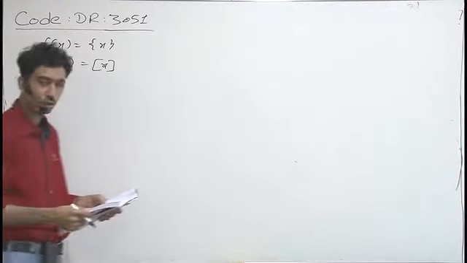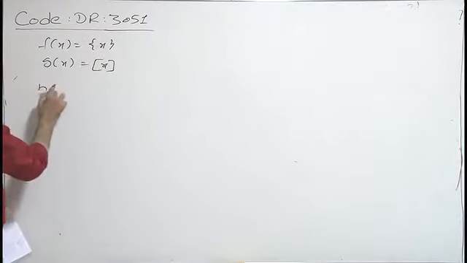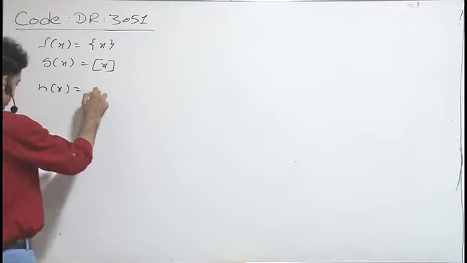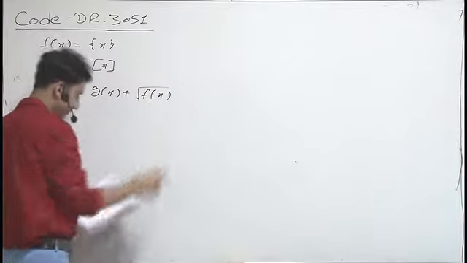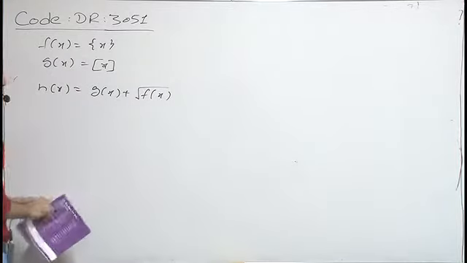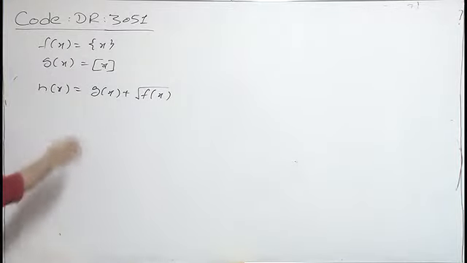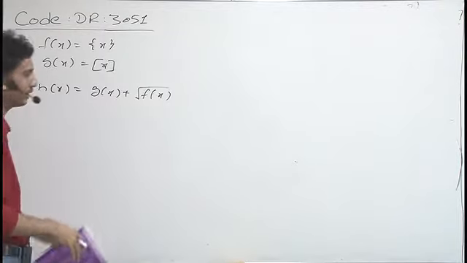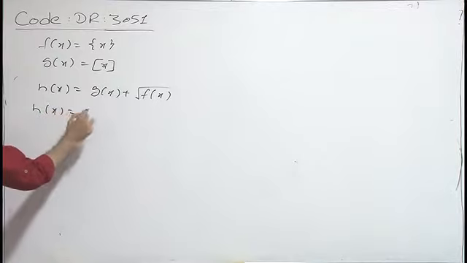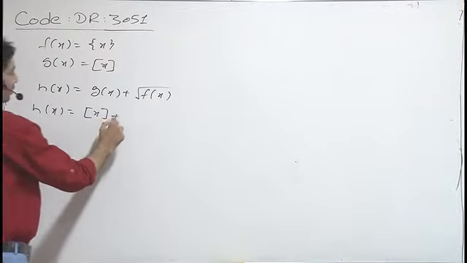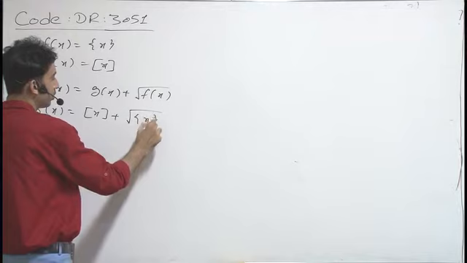In the fourth part of the same question, hx is defined as gx plus under root f of x. And we have to check continuity of hx at x equal to 1 as well as at x equal to 2. hx is given as box x plus under root fractional part of x.